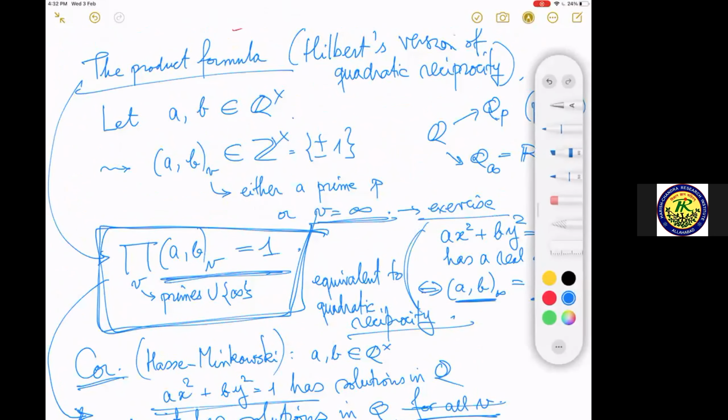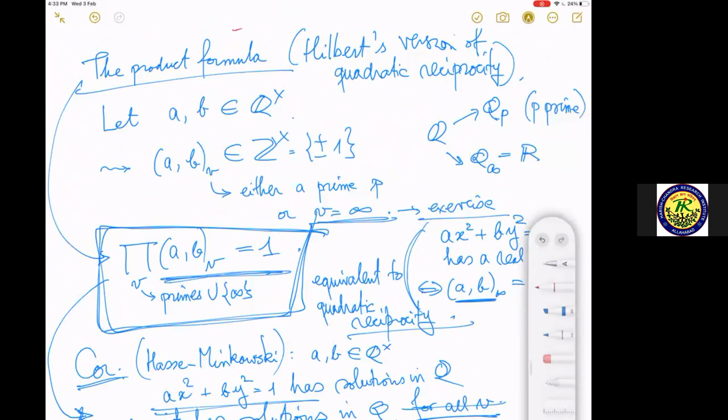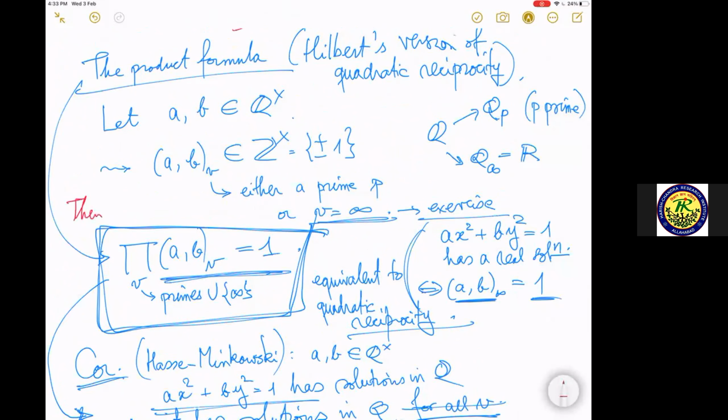So the statement is then (a,b)_v is equal to 1 for almost all v, and this product formula. So now this product makes sense because almost all terms are equal to 1. Yeah, good question.